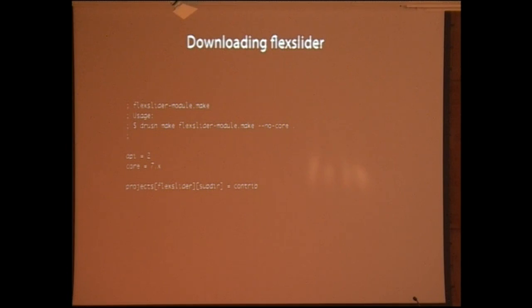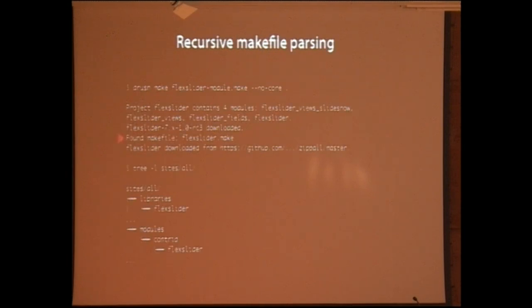This is my personal makefile. Then you see here, it starts by downloading the code we've seen before. It finds the other makefile that will actually download the library, and it proceeds to downloading the library.